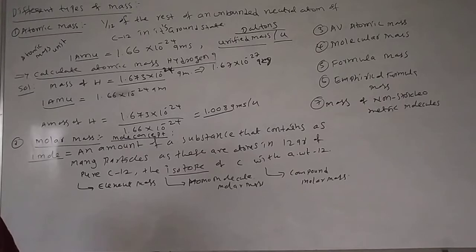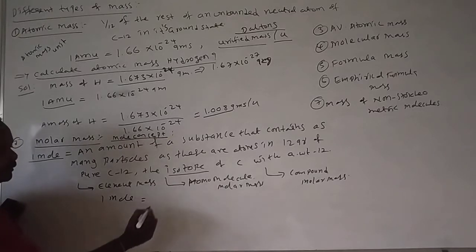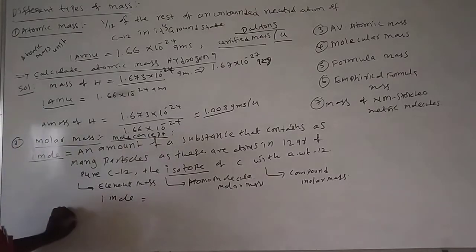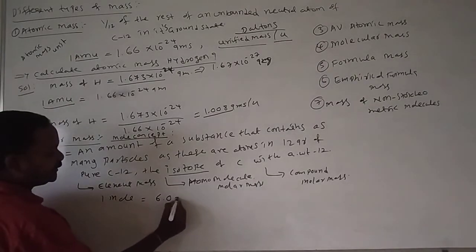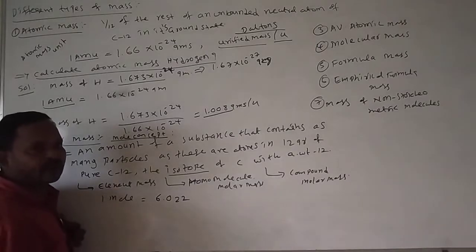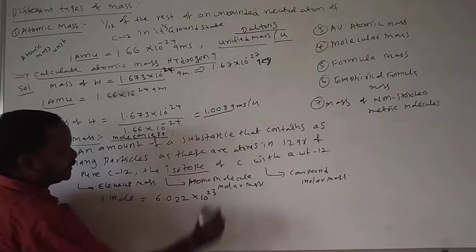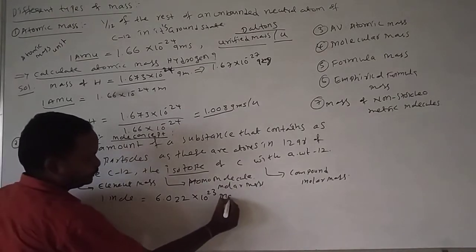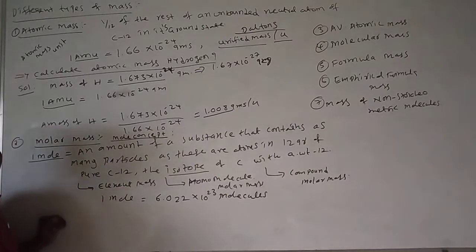Just like 1 dozen is equal to 12 things, here 1 mole is equal to 6.022 × 10^23 molecules; in some books it is 6.023.